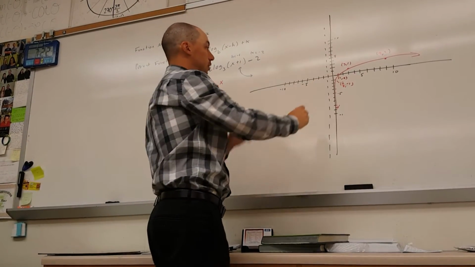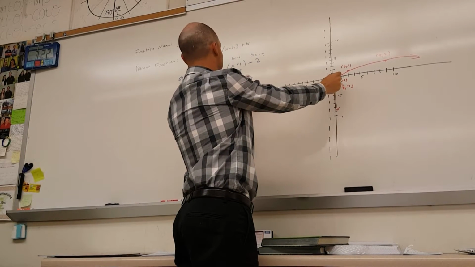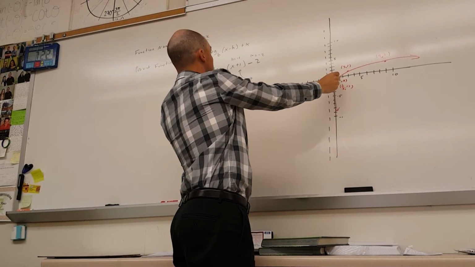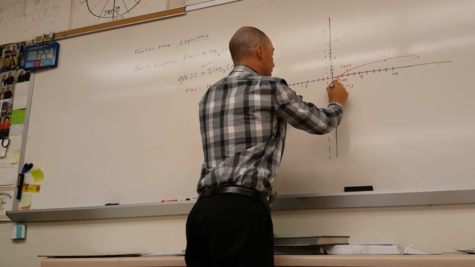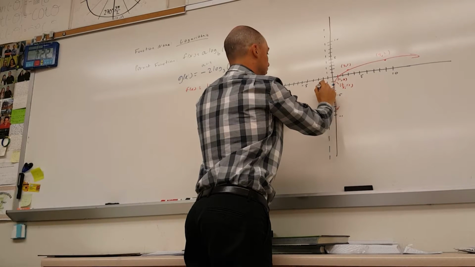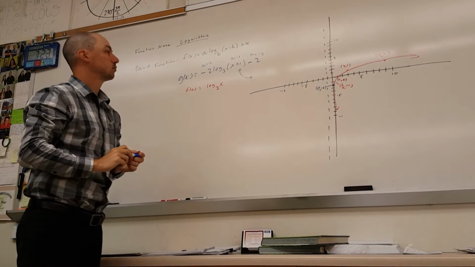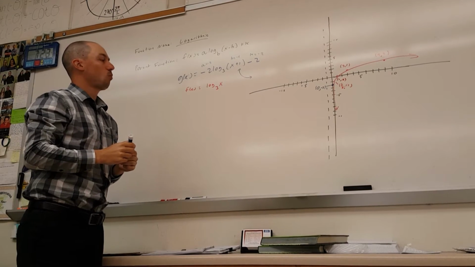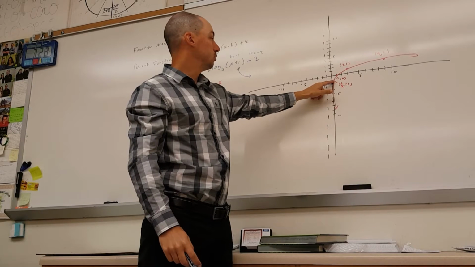So let's start with the intercept here. Y is 0. 0 times negative 2 is 0 still. Left 1, down 2. The point at (0, -2). This point here at (1/3, -1), the y-coordinate is negative 1.